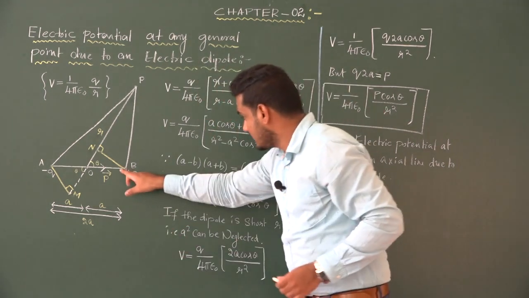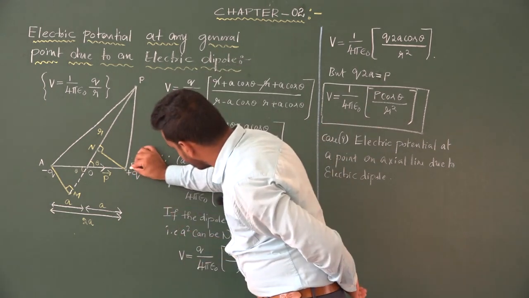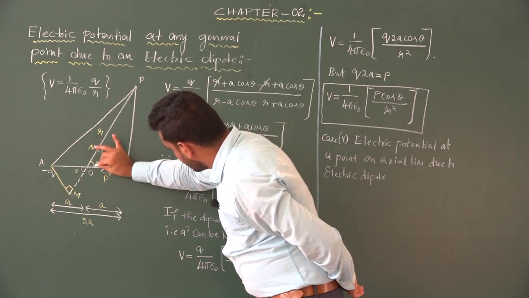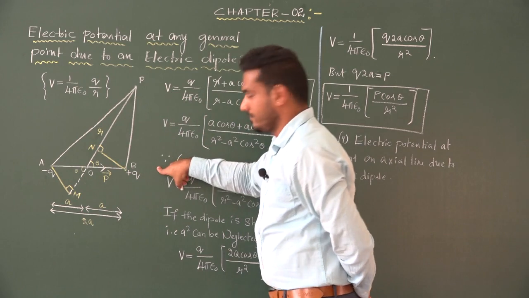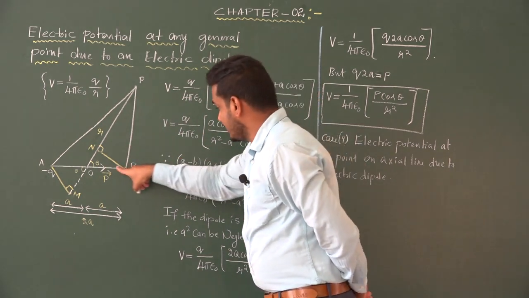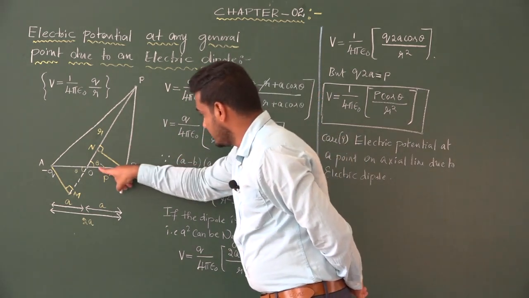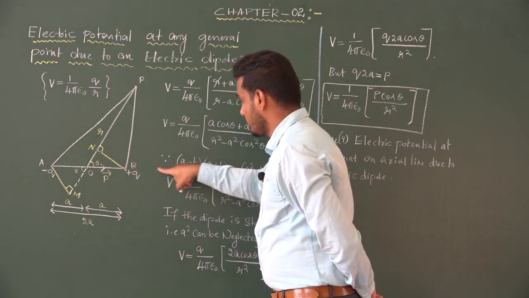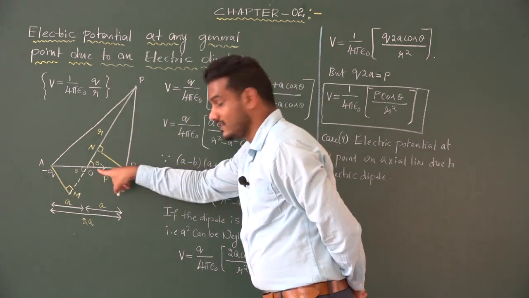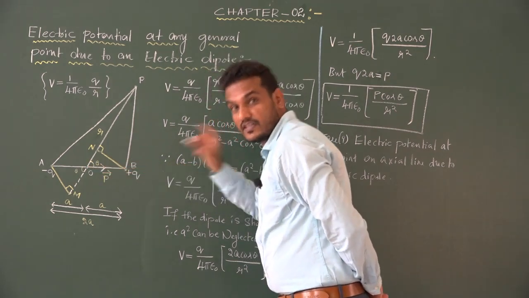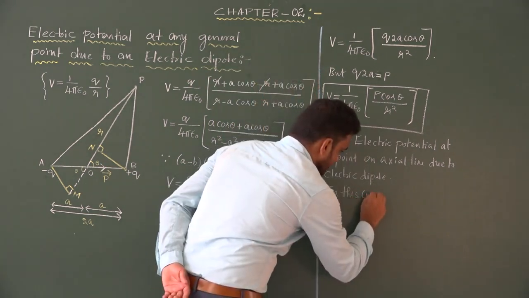Axial line means the line will come here, axial line. So if you consider an axial line, theta is 0 degree. In this case theta is 0. Why? Because the line we are taking is along the axis of the dipole.